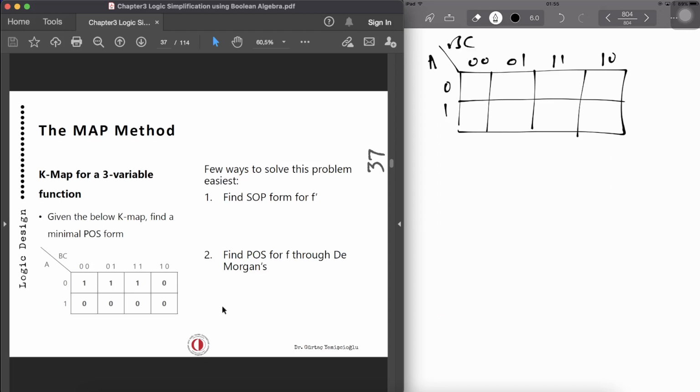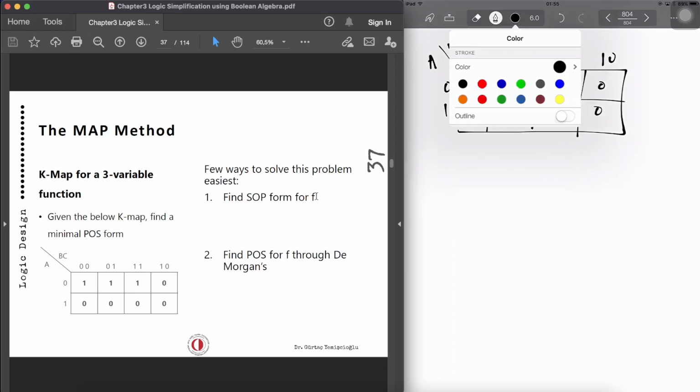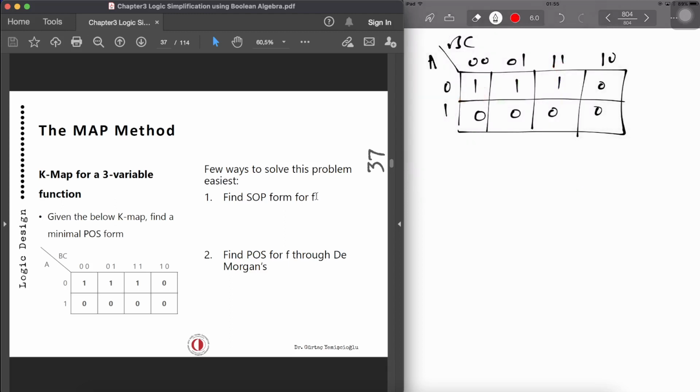So A, B, C. And we have got 1, 1, 1, 0, 0, 0, 0, 0. So if we are going for product of sum, we have to go for the zeros. The first step is find the SOP form for f prime, which is zeros. So I can combine these four, which is obvious.